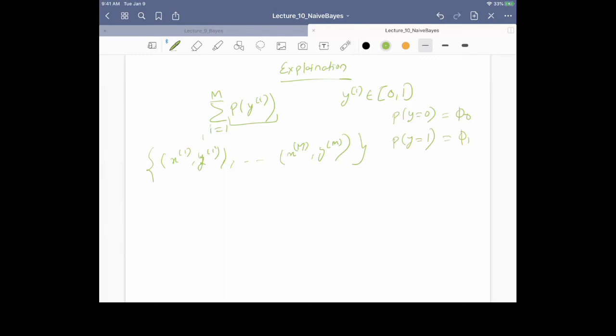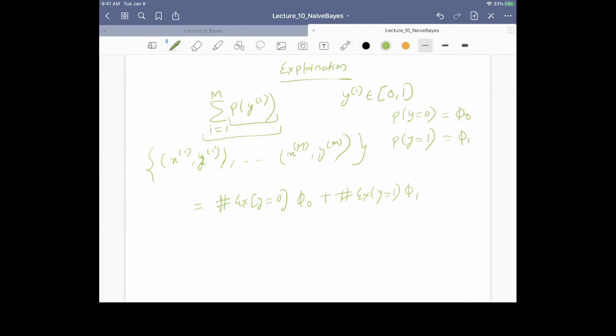So this sum, I can rewrite as the count of the number of examples with y equal to 0 multiplied by phi 0, plus the count of the number of examples with y equal to 1 multiplied by phi 1.